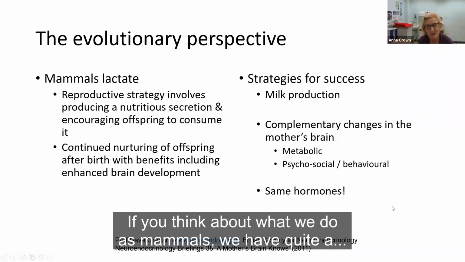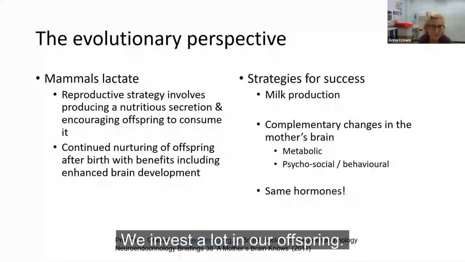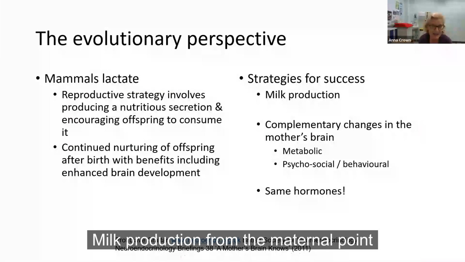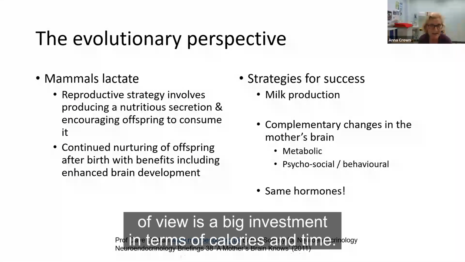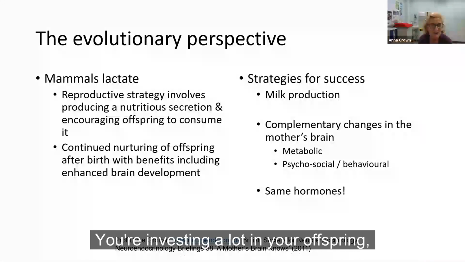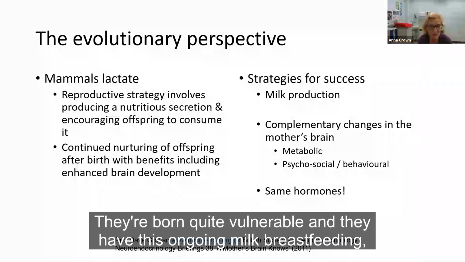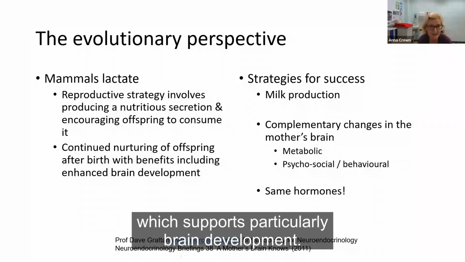So if you think about what we do as mammals, we invest a lot in our offspring. Metabolically, we invest a lot in our offspring. And milk production from the maternal point of view is a big investment in terms of calories and time. The babies are born at quite a vulnerable stage, and they have this ongoing breastfeeding, which supports particularly brain development.